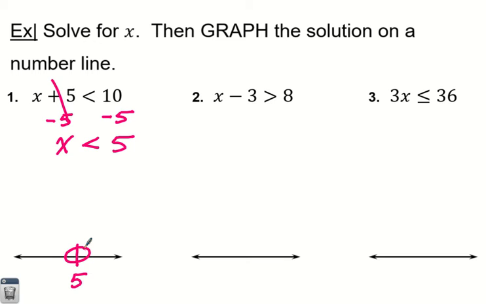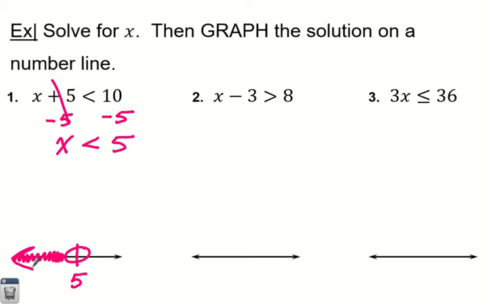It's not less than or equal to 5. So 5 is not technically included in the solutions or in the graph. So we leave this an open circle. But everything less than 5, which is everything to the left of 5, we're graphing that. So that's number 1.